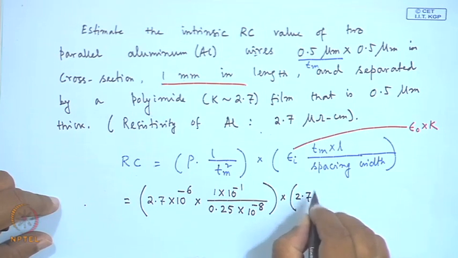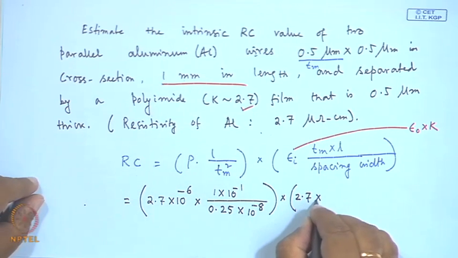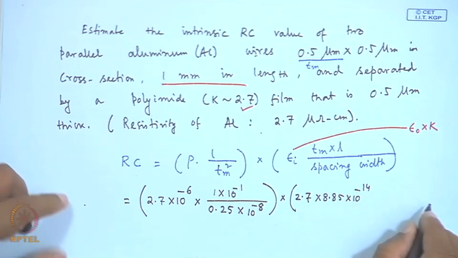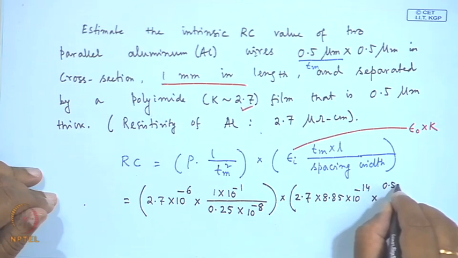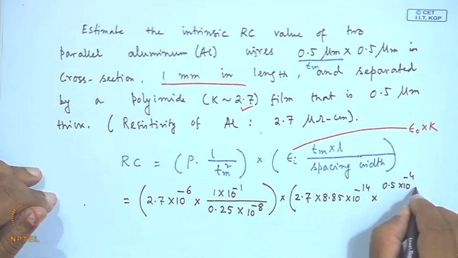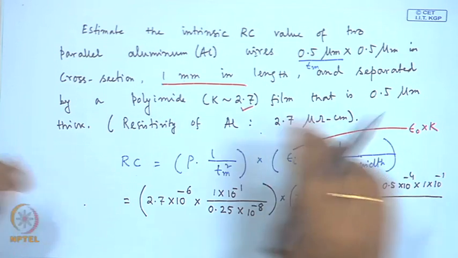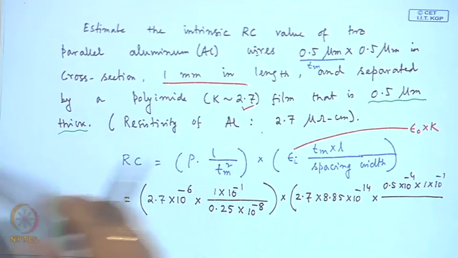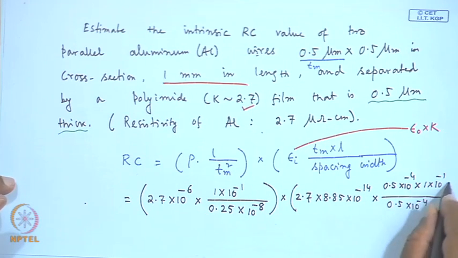K is 2.7, multiplied by 8.85 into 10 to the power minus 14 in CGS unit, farad per centimeter. Then Tm is 0.5 micron, 0.5 into 10 to the power minus 4 centimeter, into L, 1 into 10 to the power minus 1 centimeter, and spacing D is again 0.5 micron, that is 0.5 into 10 to the power minus 4 centimeter.